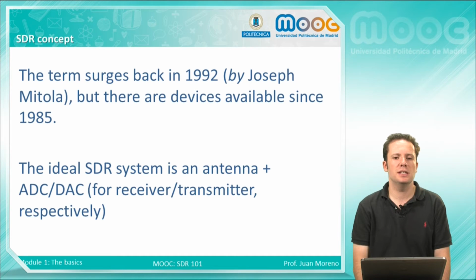The first stage is the analog to digital and digital to analog converters, and the second stage is the baseband stage. So everything after the conversion is done on baseband.